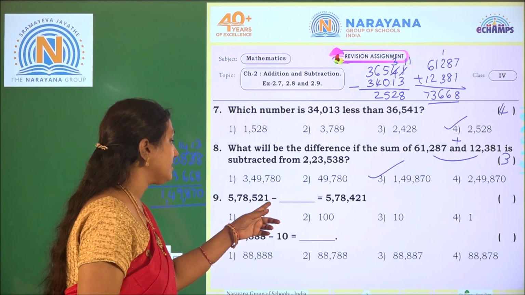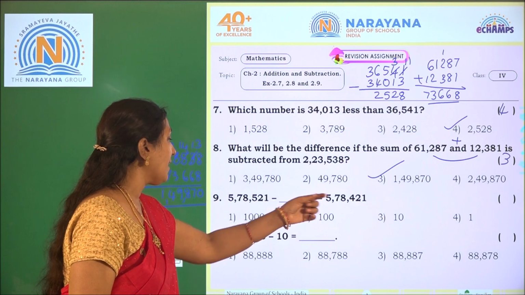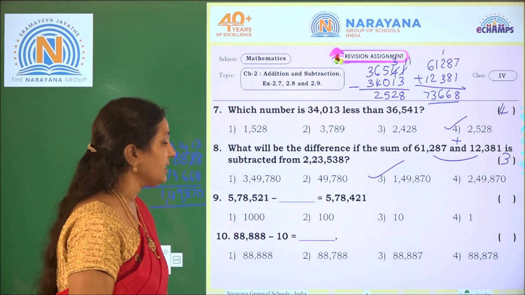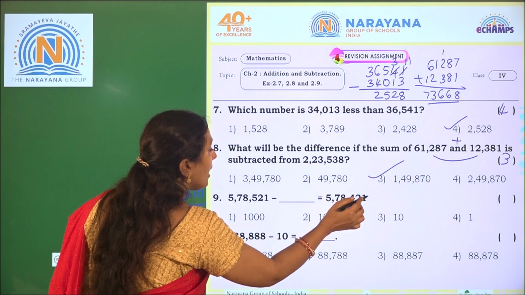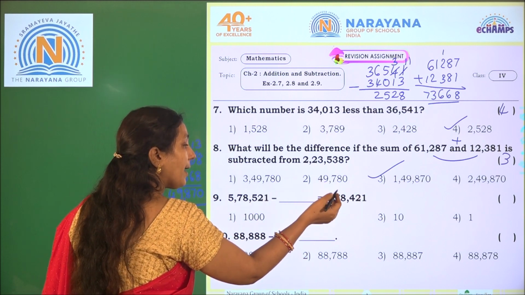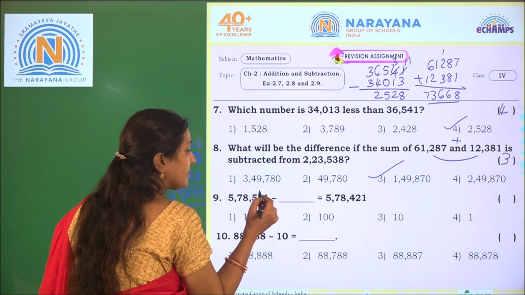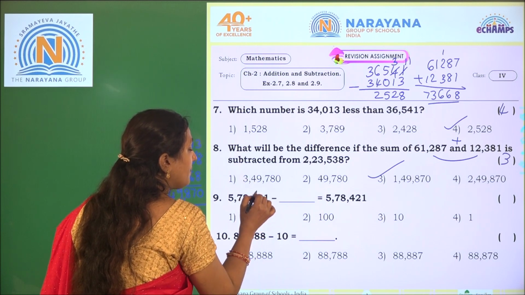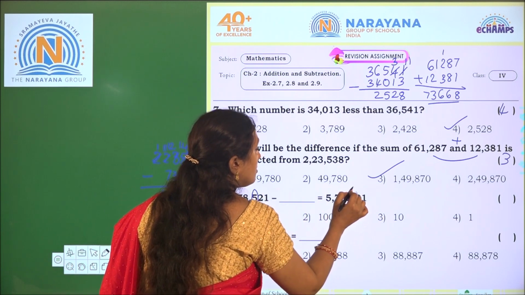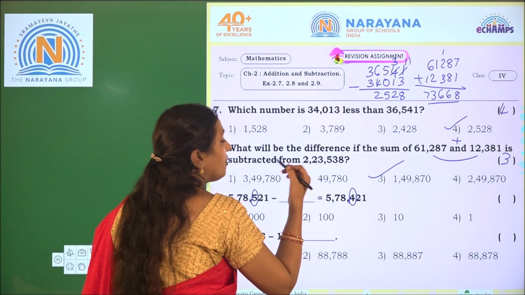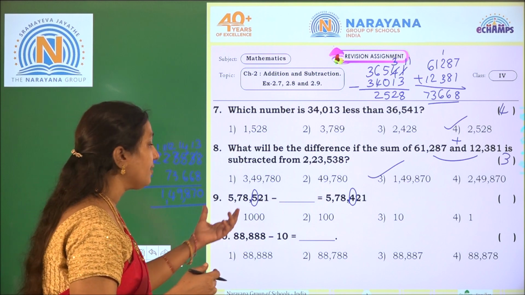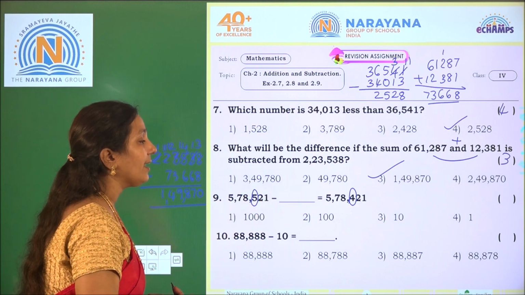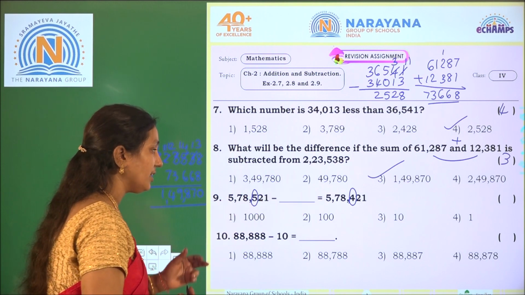Next one, 5,78,521 minus dash equal to 5,78,421. So here you can observe all remaining digits are same. All place digits are same except the hundreds place number. So here 5 is there, here 4 is there. So which number, if you subtract from this number, will give 5,78,421?